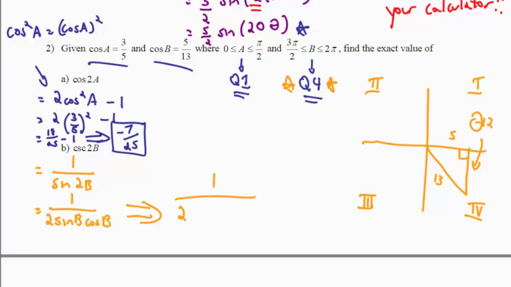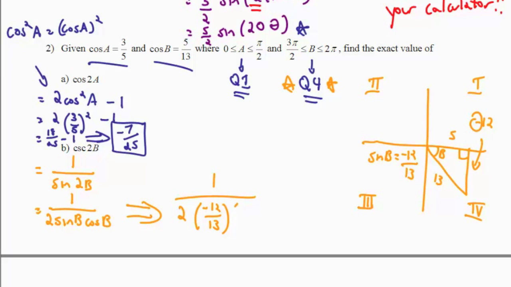Negative 12, remember, because it's in quadrant 4, we're going to have that negative sign to denote that we actually moved down in the coordinate plane. Think of this as a grid like we've been thinking about since grade 8. And in this case, now we can say that the sine of B is equal to, well, this is B right there, opposite over hypotenuse, so negative 12 over 13.